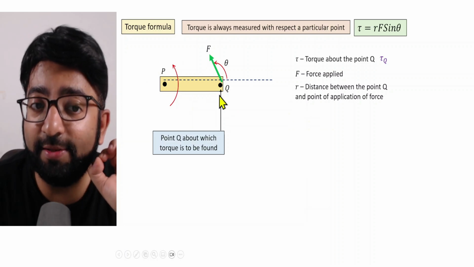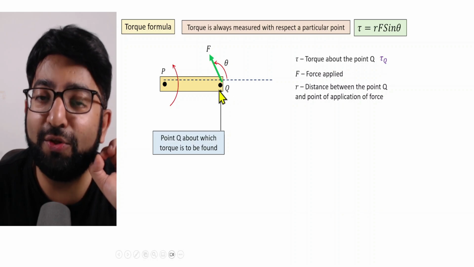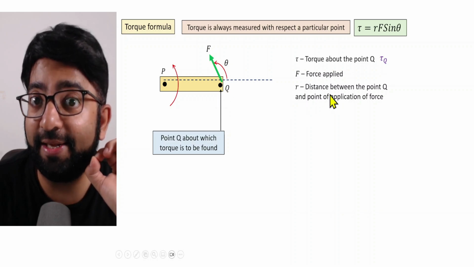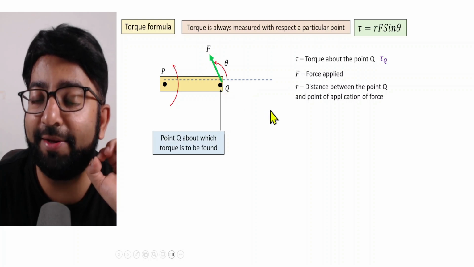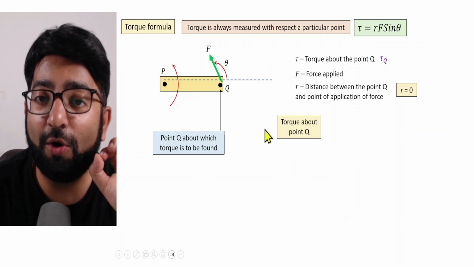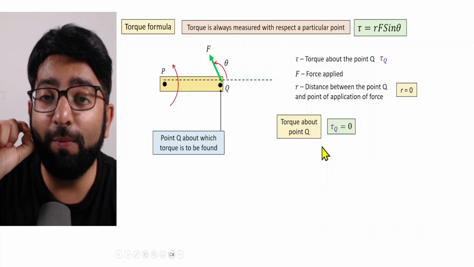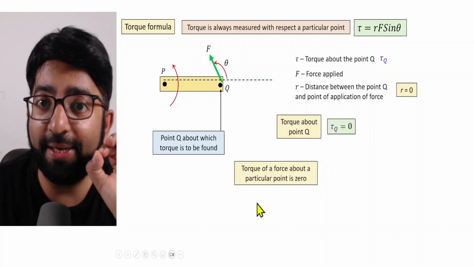In this case, we are finding the torque about the point Q. Now, the force is actually passing through the same point Q, which means the distance between that force and the point is actually zero. So R is equal to zero. Hence, in this situation, the torque about the point Q will be considered as zero. And that is why from this point onwards, just remember a basic logic.